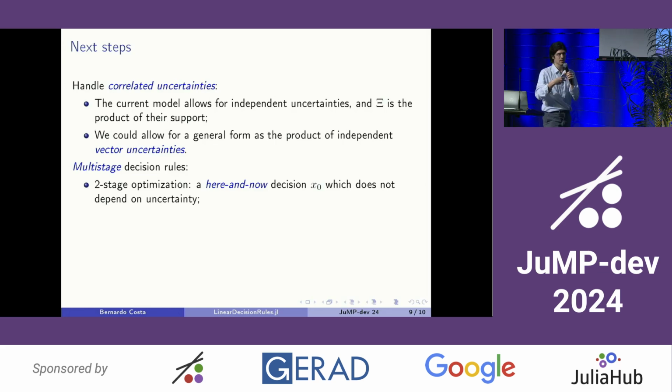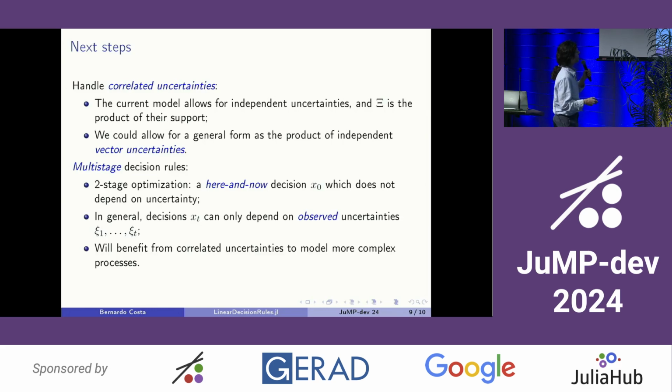And then further steps, in a somewhat orthogonal direction, is having multi-stage decision rules. The first low-hanging fruit is having two-stage optimization. So you start with a here-and-now decision x0, which doesn't depend on uncertainty. That's probably very easy to hack on, but it's not yet done.